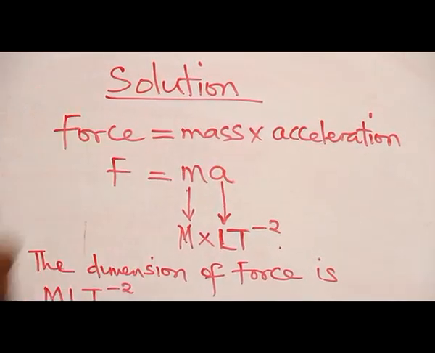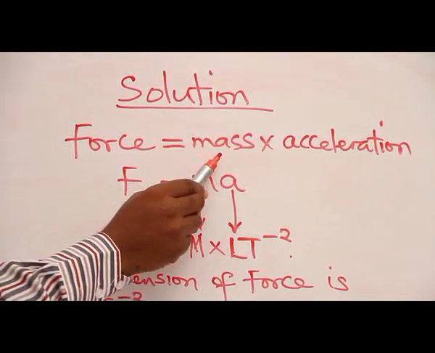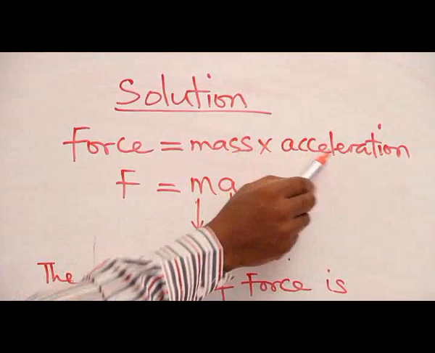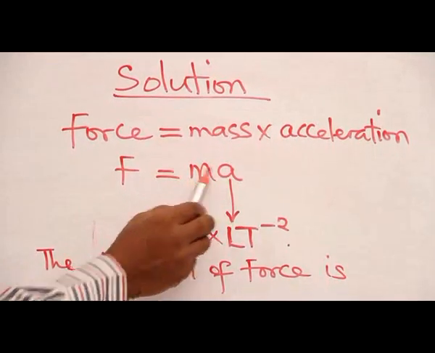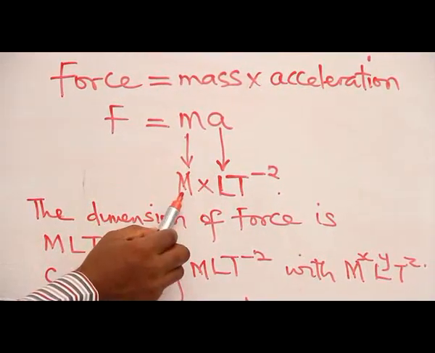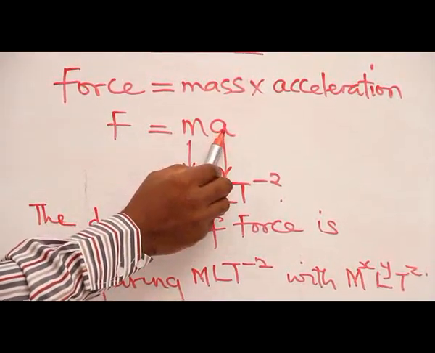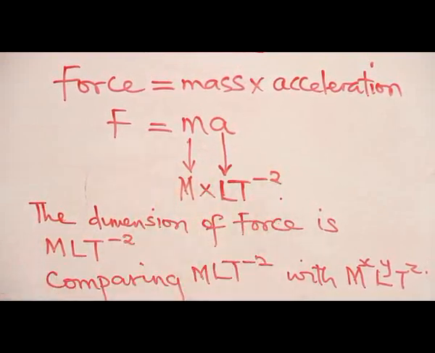The solution. Force is known to be equal to the product of mass and acceleration. Force equal to mass times acceleration. The dimension of mass is capital M. The dimension of acceleration is LT^-2.